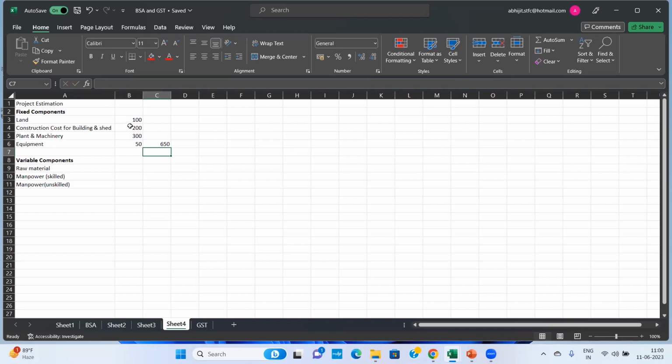Coming to estimation of raw materials, how do I estimate how much raw material I need to procure, or how much fund I need to keep for the raw material? How do I understand this?